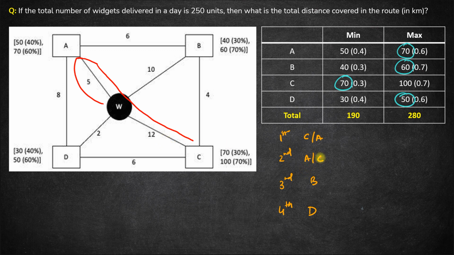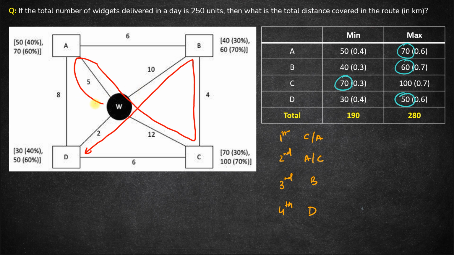Okay. After C, the next highest demand is for B, which is 60. So from C we will go to B, and after B we will have to go to D. Now from B to D there is no direct route, so we will have to go via the warehouse. Okay.